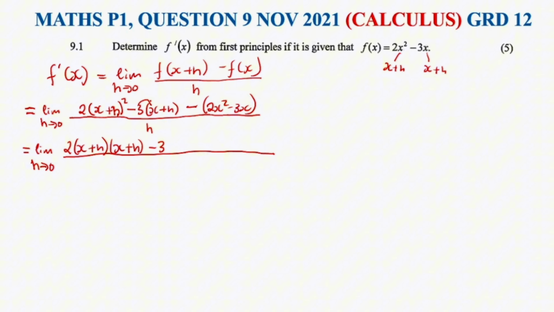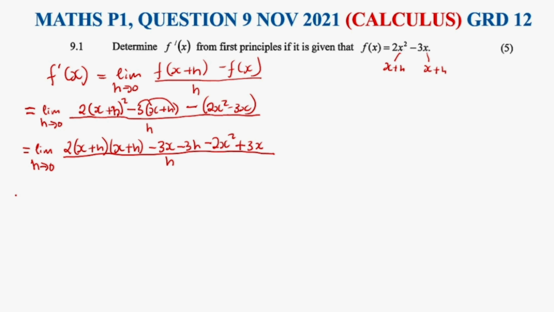We need to remove the bracket here: minus 3x, therefore minus 3h. Even here we need to remove the bracket with a negative: minus 2x squared, and also plus 3x, then all over h.